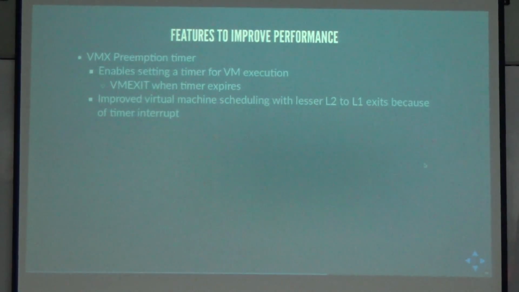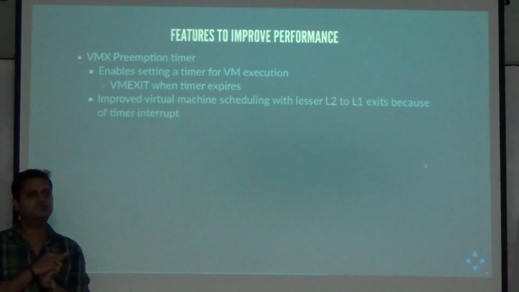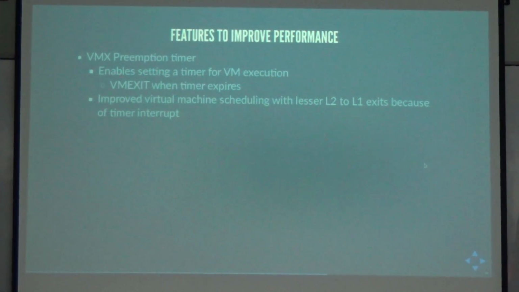Then the next is the preemption timer. A few slides back, I spoke about the timer interrupt, which happens every few milliseconds, and that actually is a performance cost. So instead of doing that, the host hypervisor can set up a preemption timer that is set for a specific amount of time, and once the timer expires, whatever you're running, for example L2, you exit back to L0.